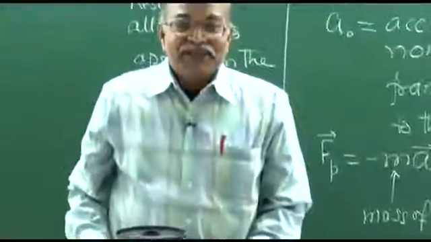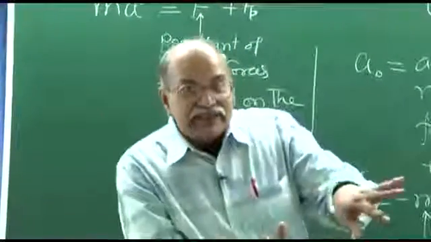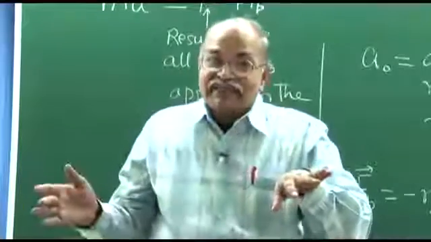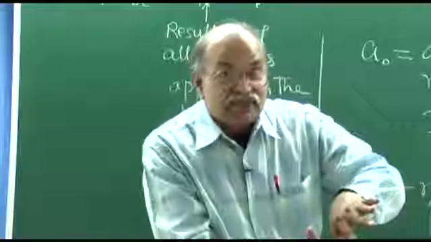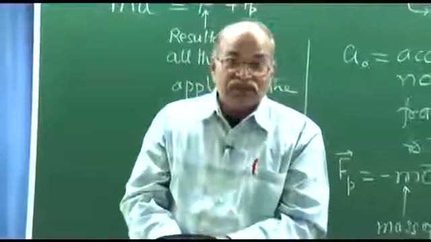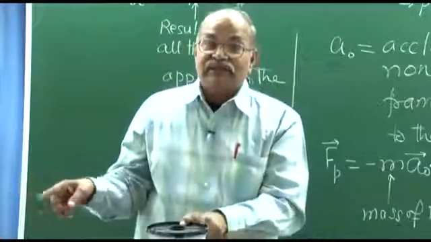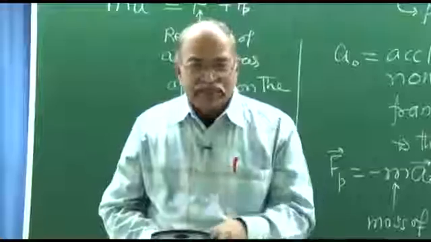So, once again you see that when I start accelerating, the ball goes in the opposite direction. I accelerate the box towards the left with respect to myself, and this ball goes towards the right with respect to this box as seen by me. Same explanation.